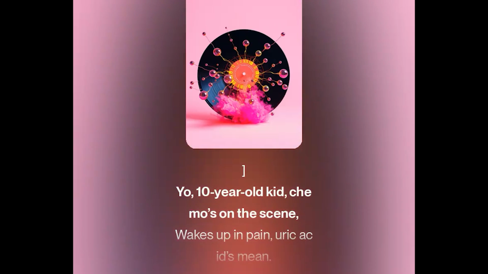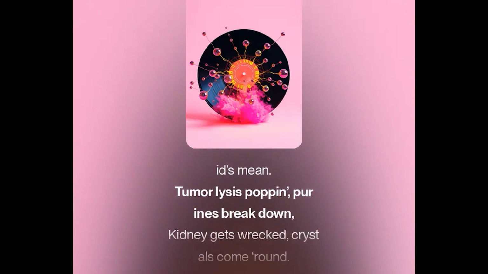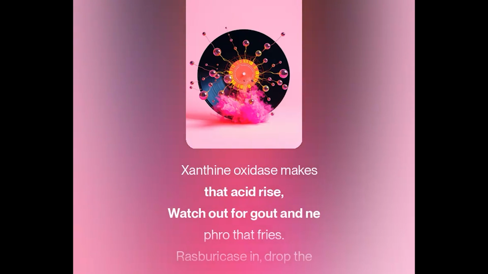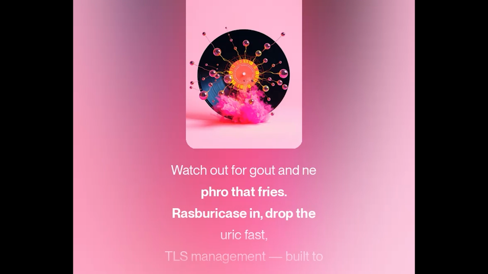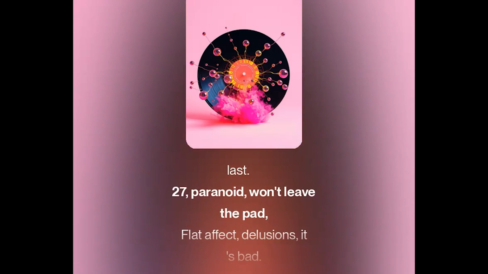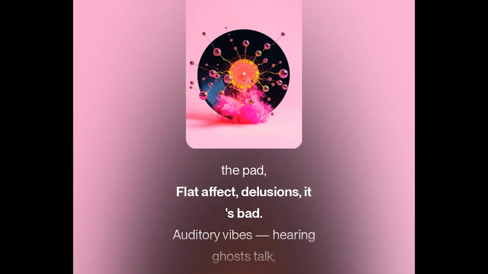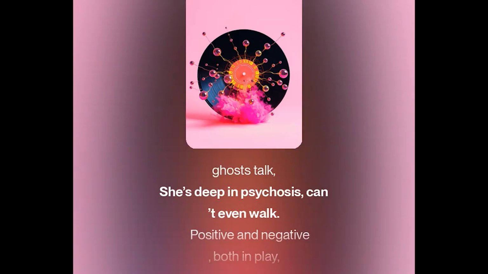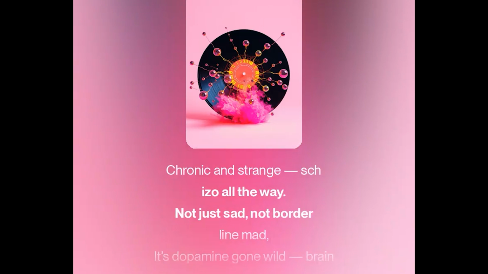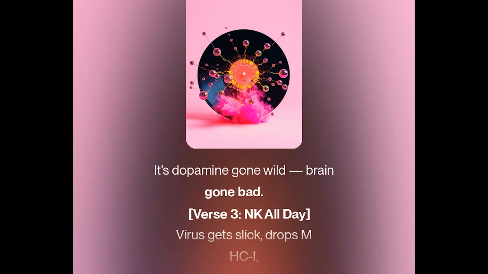Yeah, a 10-year-old kid, chemo's on the scene. Wakes up in pain, uric acid mean. Tumor lysis popping, pouring this breakdown. Kidney gets wrecked, crystals come round. This endocarditis makes that acid rise. Watch out for gout and nephro that fries. Rasburicase, drop the uric fast. TLS management, built to last. 27 paranoid, won't leave the pad. Flat affect, delusions is bad. Auditory vibes, hearing ghost talk. She's deep in psychosis, can't even walk. That positive and negative both in play. Chronic and strange, schizo all the way. Not just sad, not borderline mad. It's dopamine gone wild, brain gone bad.